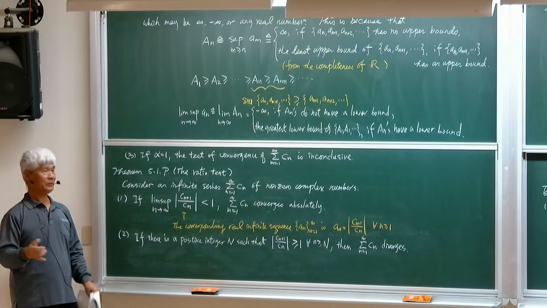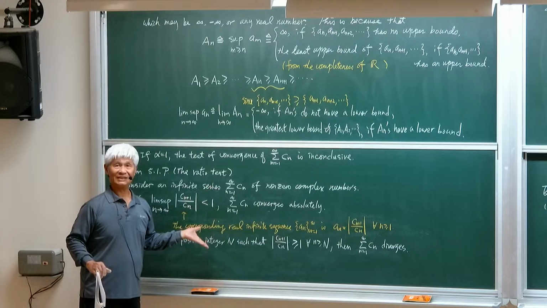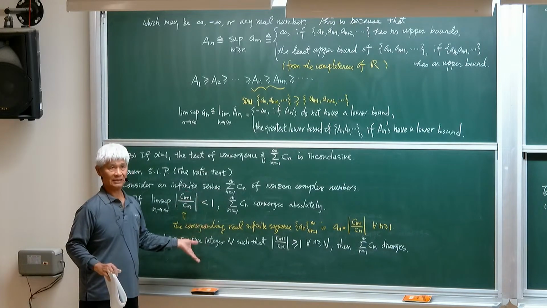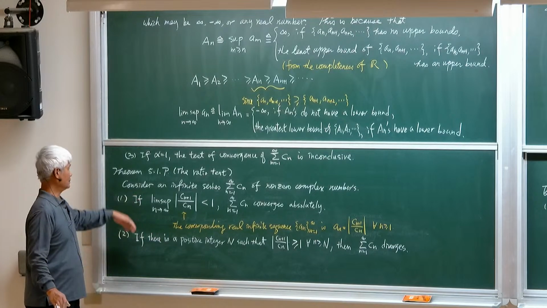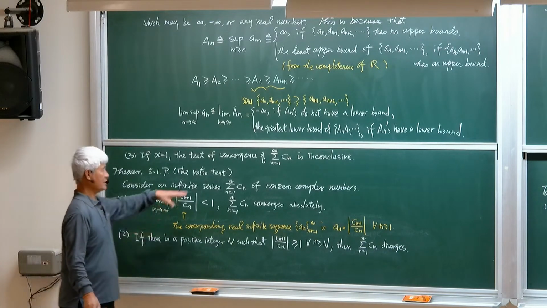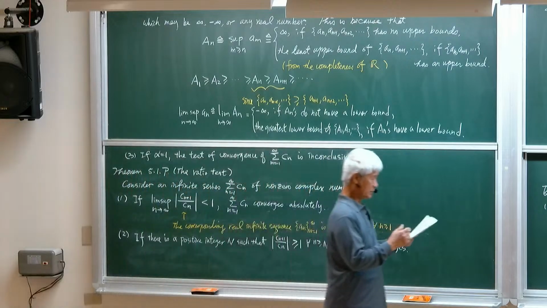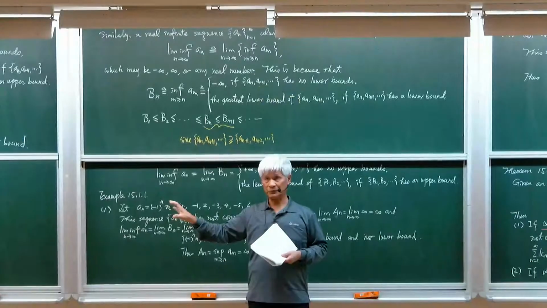So it depends on the nature of the original infinite series, and you can select your test. These two tests, the root test and the ratio test, are the most general tests we can have, and other tests can be deduced from these two basic results.